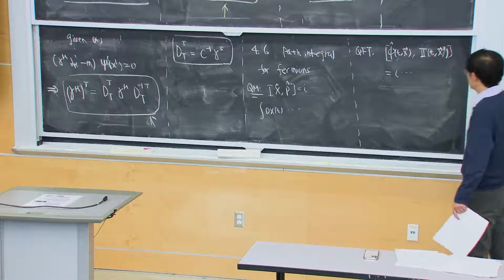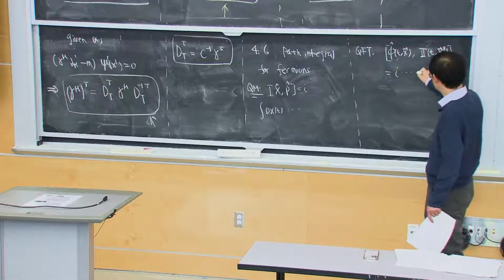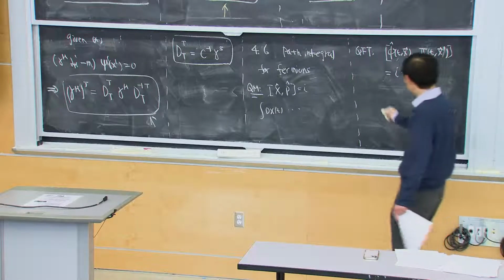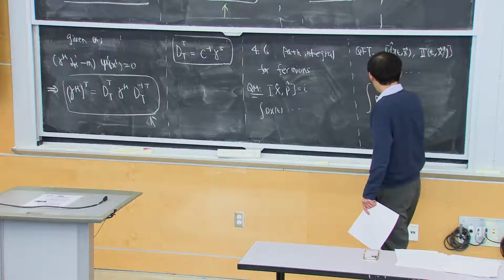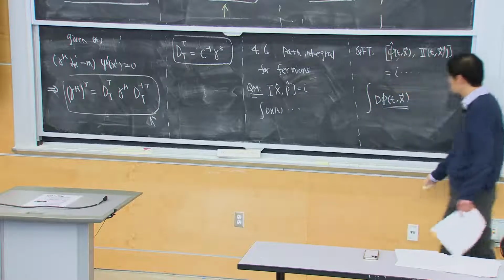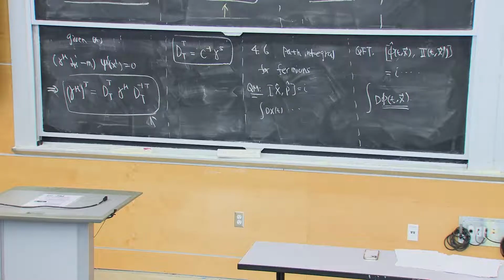When we do the path integral, we integrate over all configurations of phi(x, t). Now this is just a classical field. Essentially you view this as an ordinary function, and you integrate over all possible functions of phi.